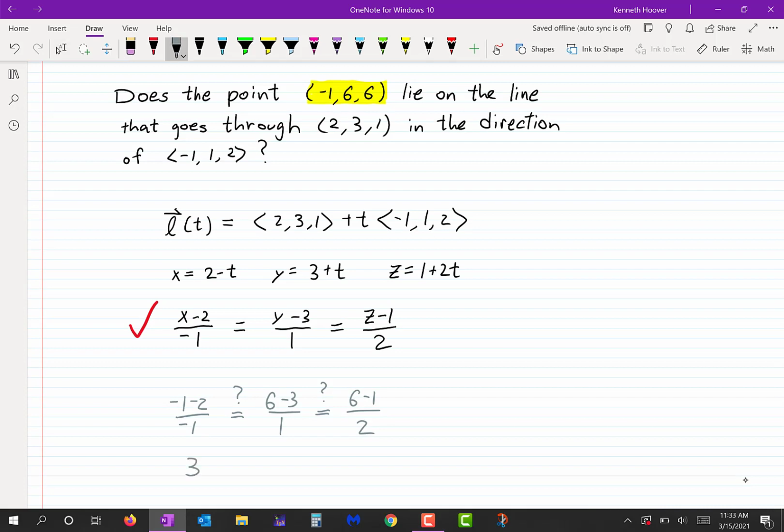This first one's a 3. The second one's a 3. And the last one's 2.5. Is it true that 3 equals 3 and 3 equals 2.5? No, it's not true. So the answer to the question is no. Okay, you see how that works?